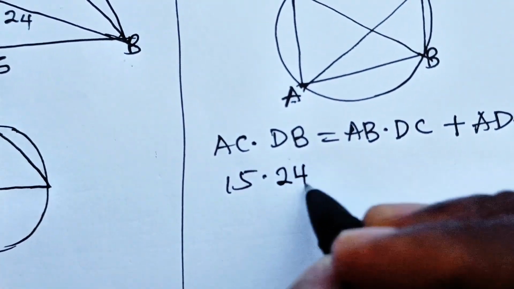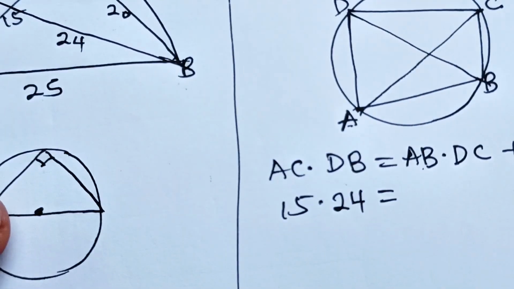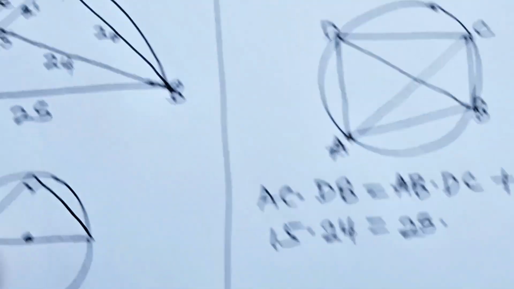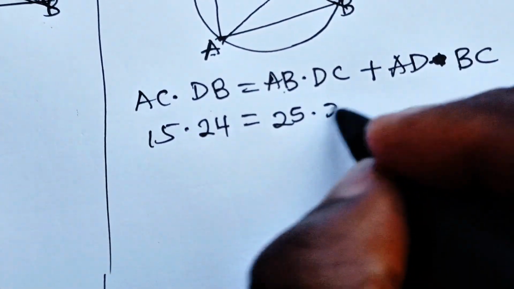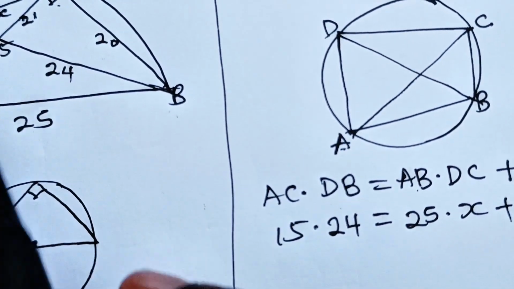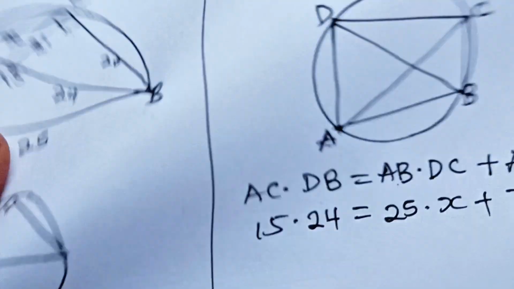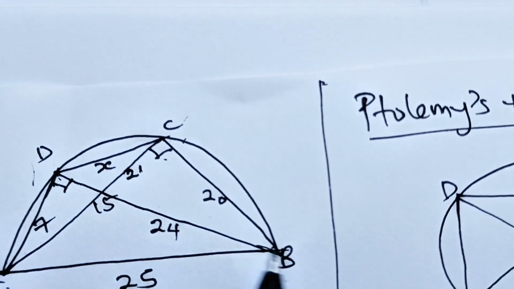So multiplied by 24 is equal to AB, which is 25, multiplied by DC, which is X. That is what we are looking for. Plus AD, which is 7, multiplied by BC. This BC is 20.